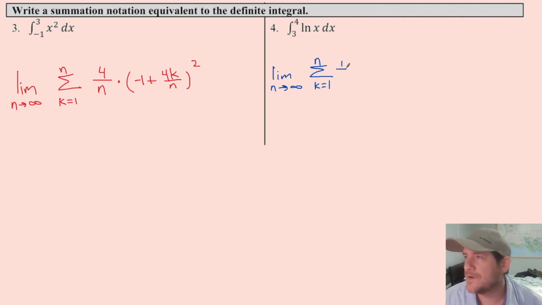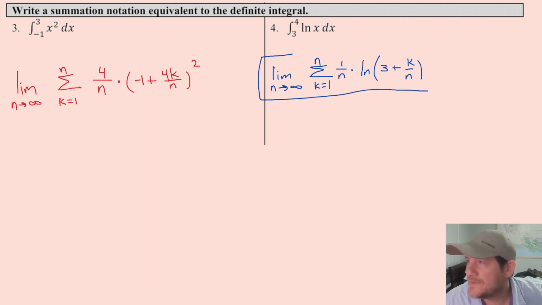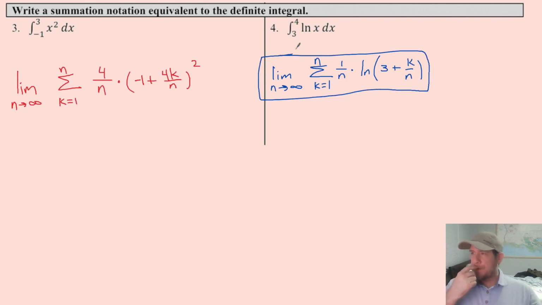So that'll be 1 over n. And then multiplied by the ln of the lower limit 3 plus delta x, which is 1 over n times k, so really just k over n. And that sigma notation ought to do it. Worth cleaning up? I would say no.